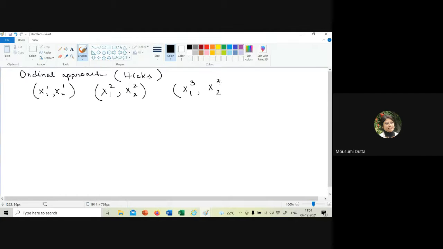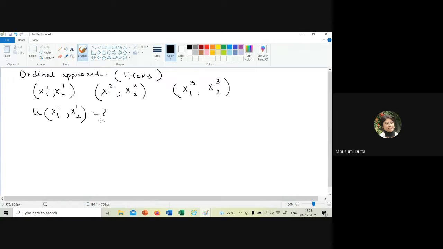Same commodities I am considering, however, different combinations of commodities. So given these combinations, the consumer will not be able to say how much utility I am getting out of this. I will not be able to say the value of this.